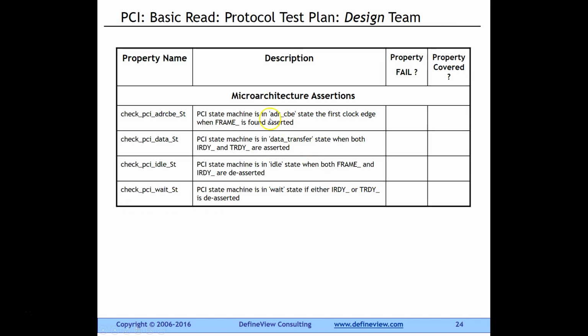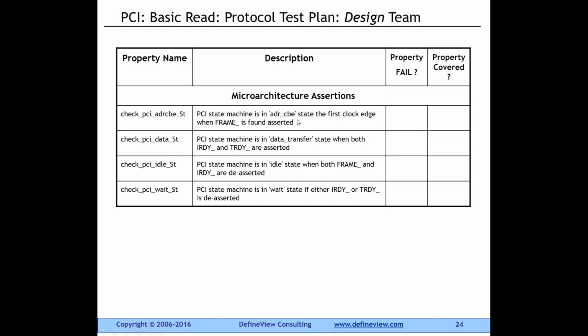What does the design team do? The design team, internal to the microarchitecture, will say, for example, the PCI state machine, if it's in the address CBE state, the first clock edge when frame is found asserted. Whenever frame is asserted, the PCI state machine must be in the address CBE state.